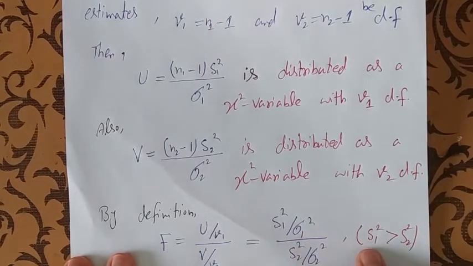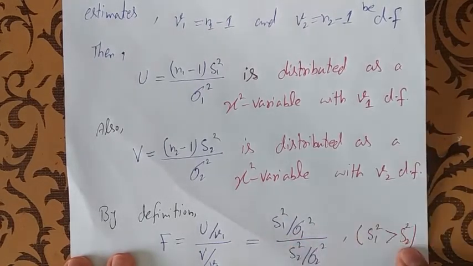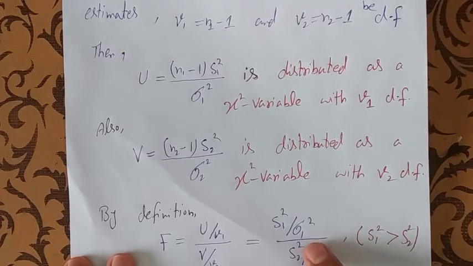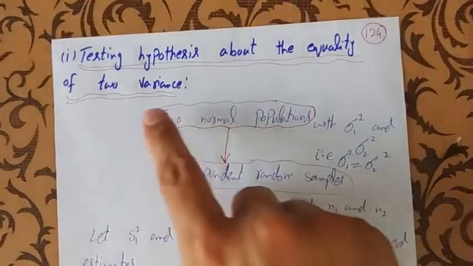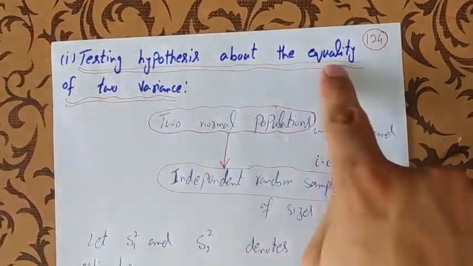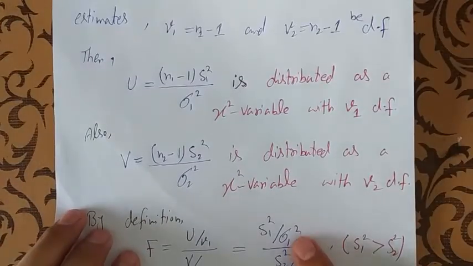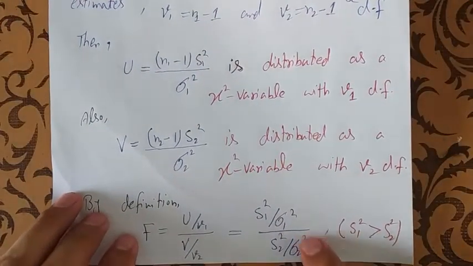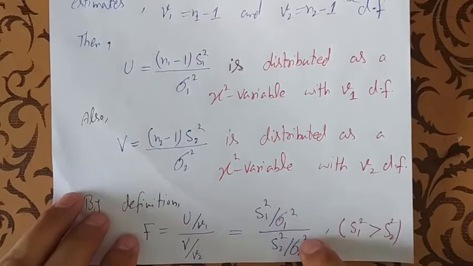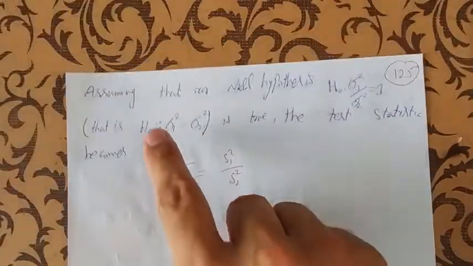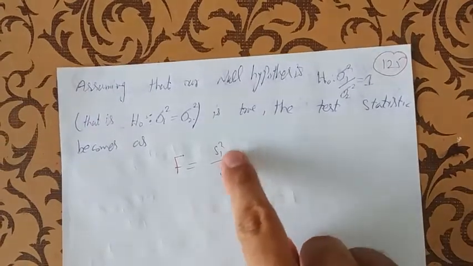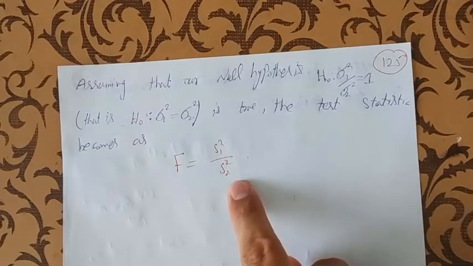You know the value of S1 square is taken greater than S2 square. Also in this test we consider that the two variances are equal, so sigma 1 square and sigma 2 square cancel out, and our required result is F equal to S1 square over S2 square.